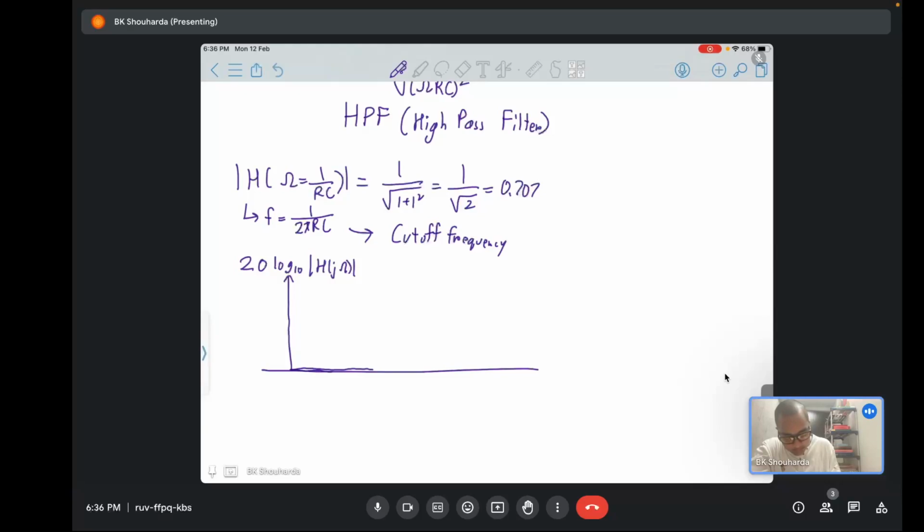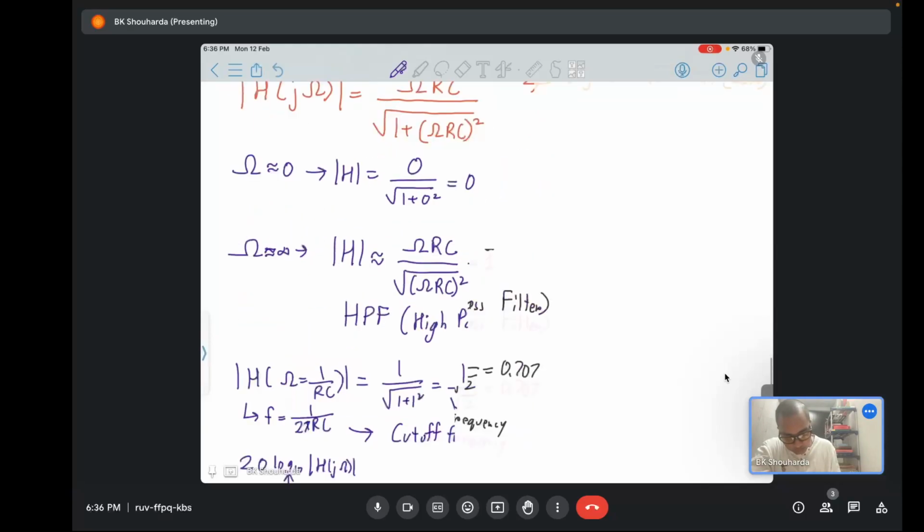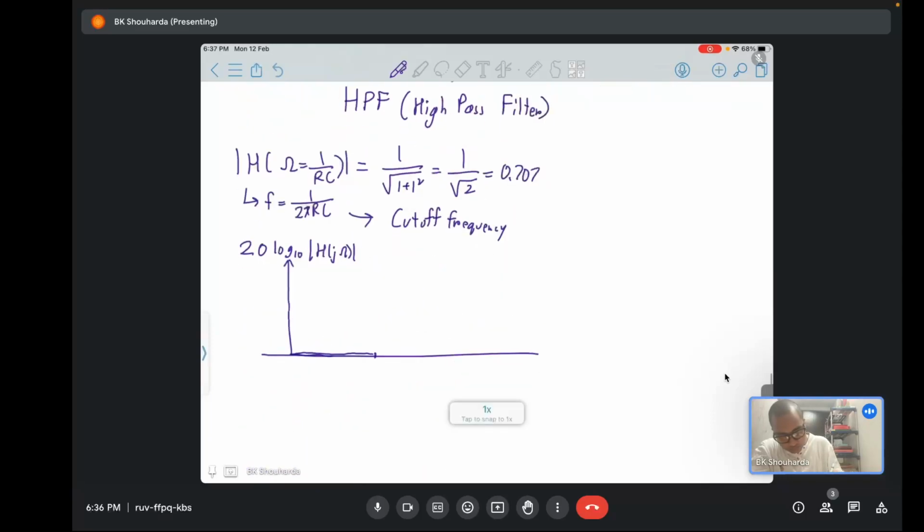Initially, up to 1 upon 2 pi RC, it is small.